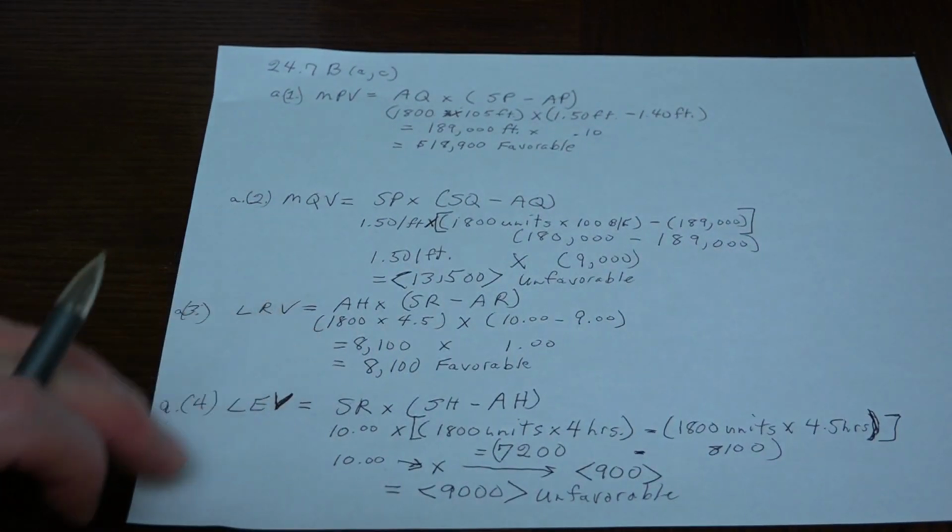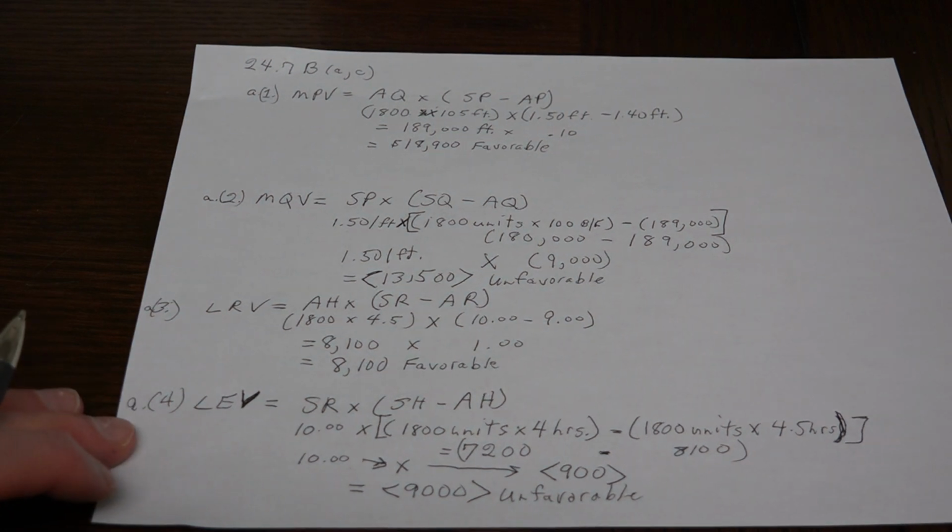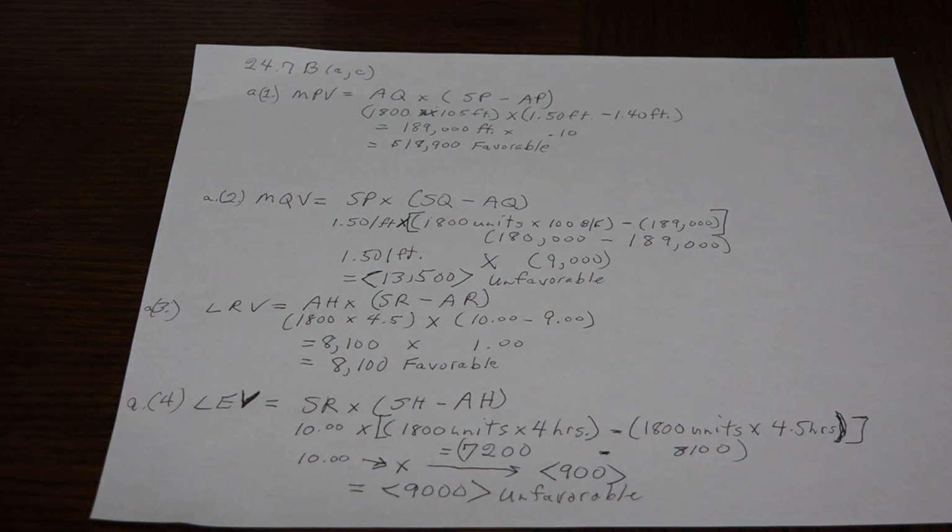Now let's look at the favorable variances, and I'll put this back up so you can follow. The MPV may indicate that the purchasing department is doing an excellent job purchasing product below normal, but it might also indicate that they're buying discount material that's really shoddy in quality too.